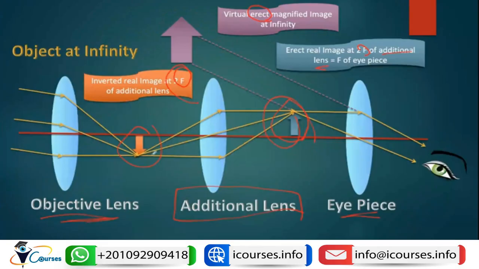Since the object of the additional lens is placed at double f, as by the rule of construction of images that we will discuss in geometrical optics, the image produced by this additional lens will again be at 2f, so it will be at the same distance from the lens, and it will be real as it is formed by actual light rays, and it will be of the same size.